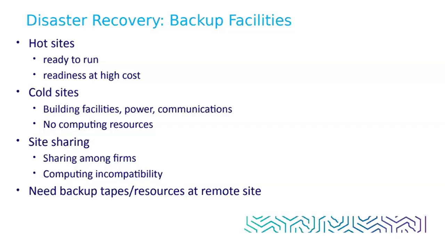A cold site provides the building facilities, power, and communication, but no computing resources. Site sharing allows multiple organizations to share a backup facility, even though computing incompatibility may become a challenge.